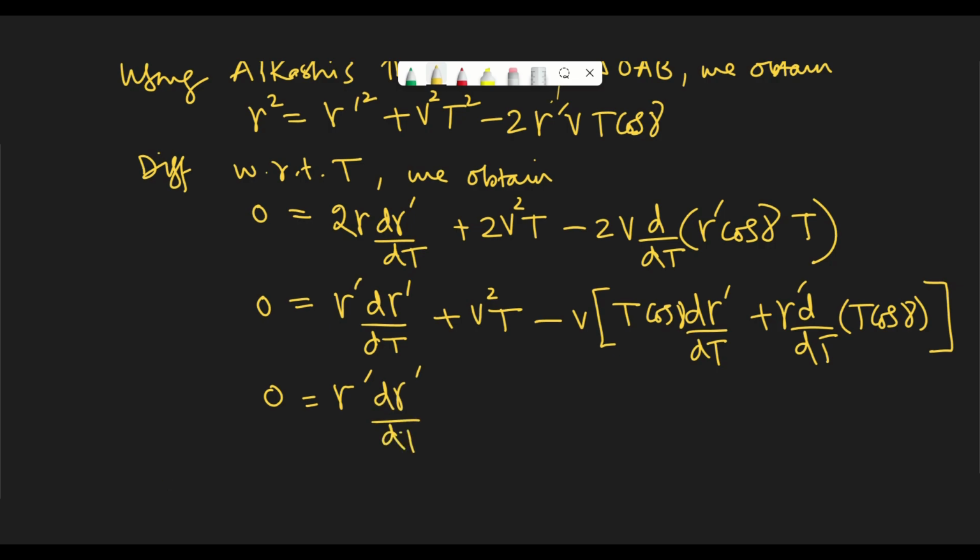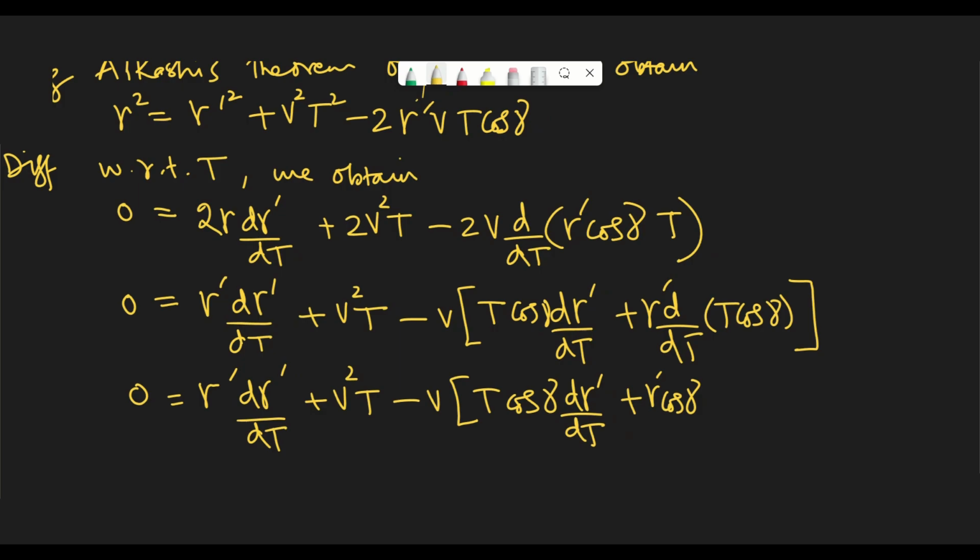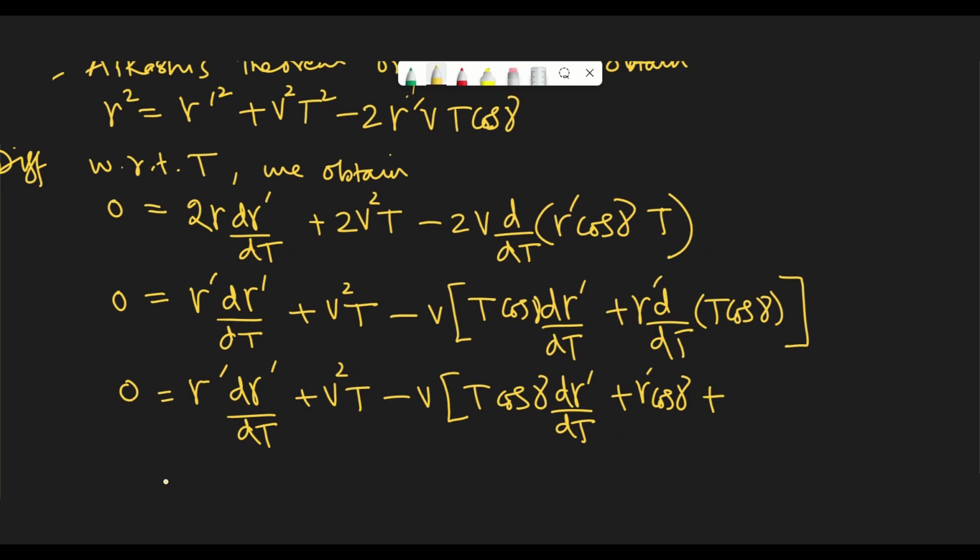T cos gamma dR prime over dt plus R prime cos gamma plus dR prime minus sin gamma d gamma over dt.